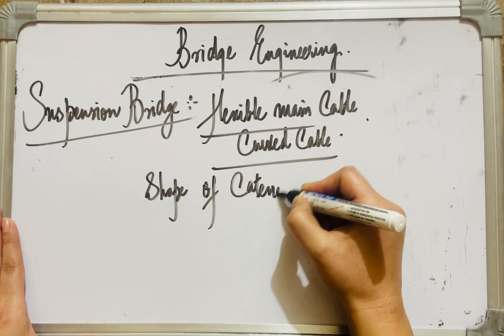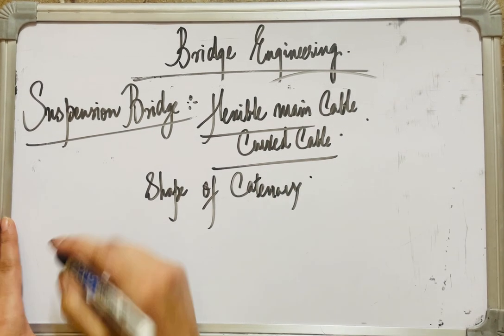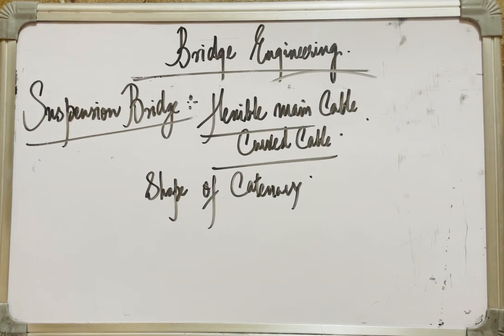And you know that the catenary is a curve formed by a wire, rope or a chain when it's hanging freely from 2 points that are not in the same vertical line. All right.